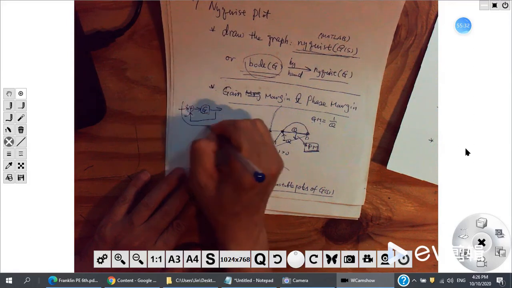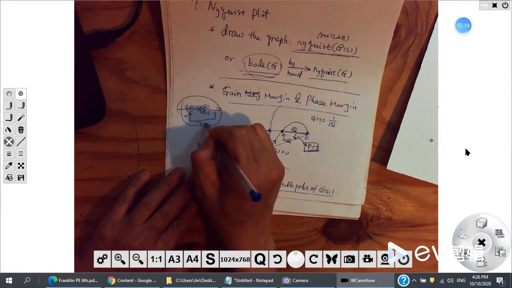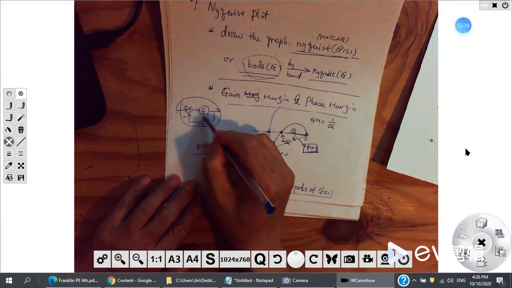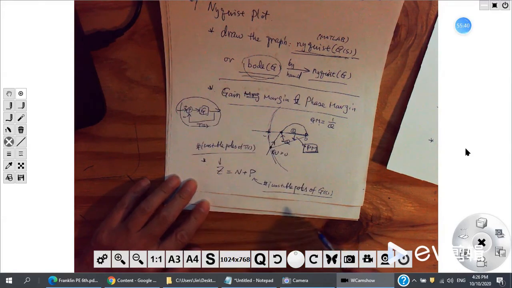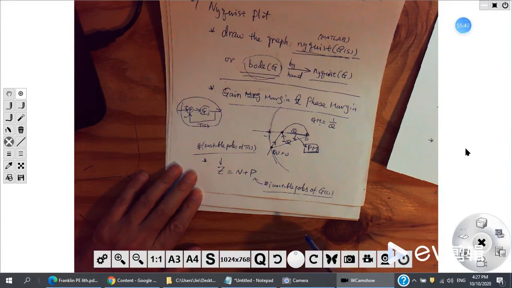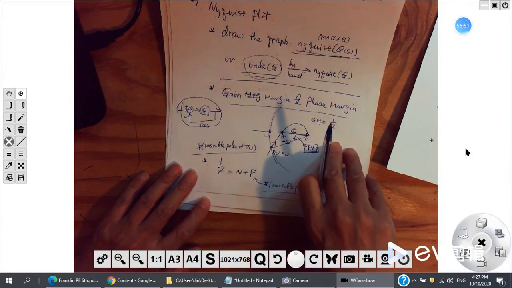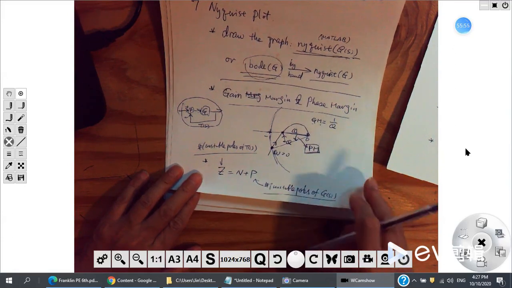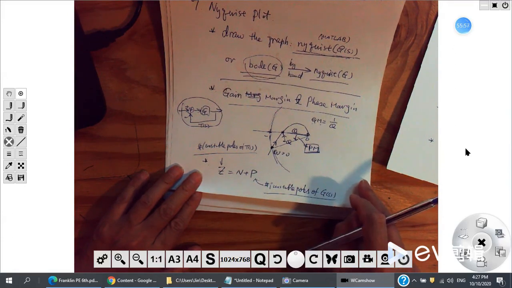The whole thing is T of S. Right? It's a feedback system. G is a forward gain. Okay, so this is for Nyquist plot. Okay, that will be all the things we covered for the second midterm.